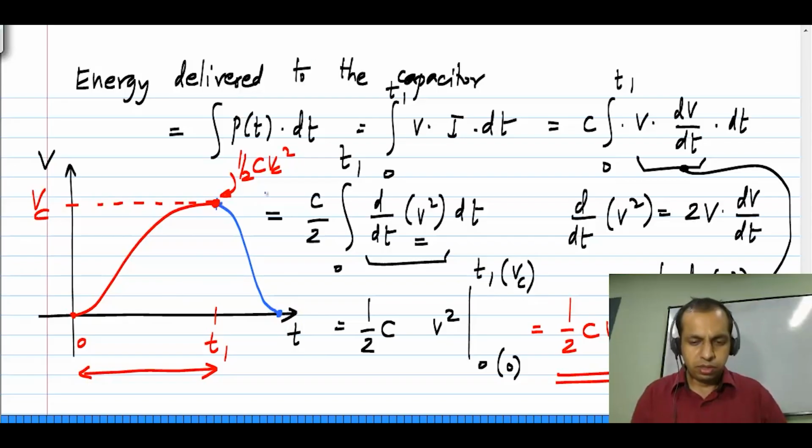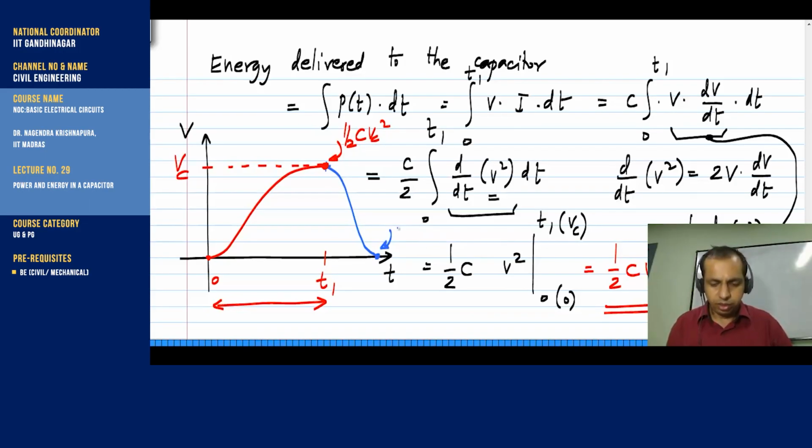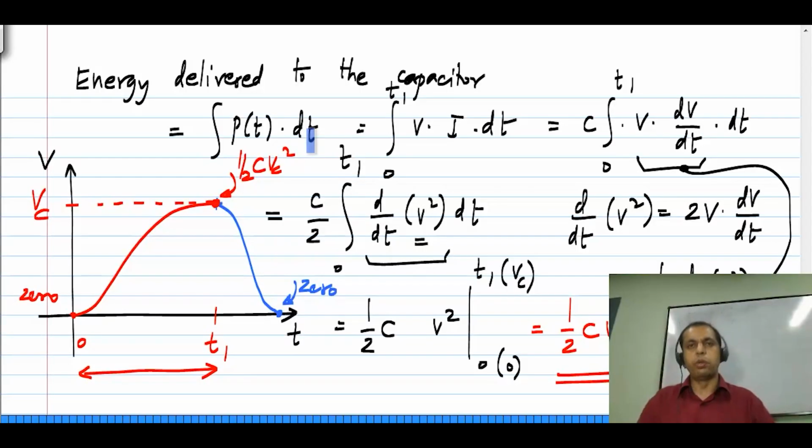But also we know that basically the energy here will again be 0. It starts with 0 energy and it goes to half C Vc squared and it comes down to 0.